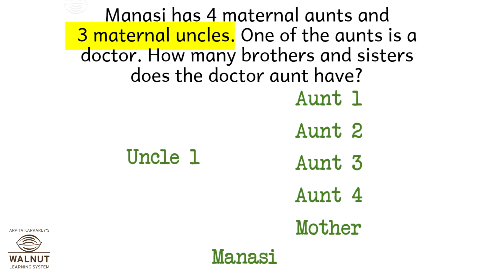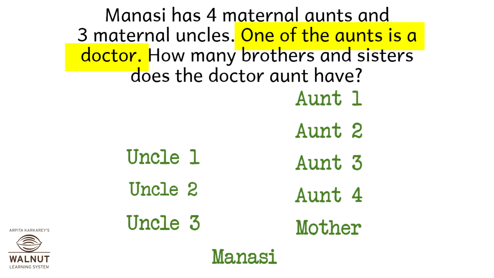So we have uncle 1, uncle 2 and uncle 3. So the question is, one of the aunts is a doctor. Let's say aunt 1. We put a sign there called doc. How many brothers and sisters does the doctor aunt have?